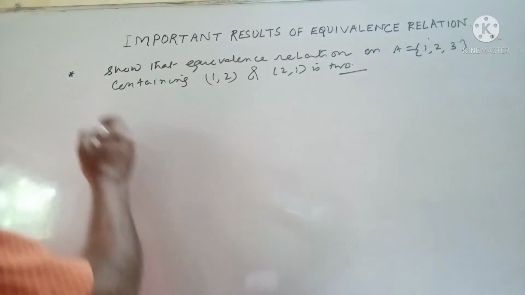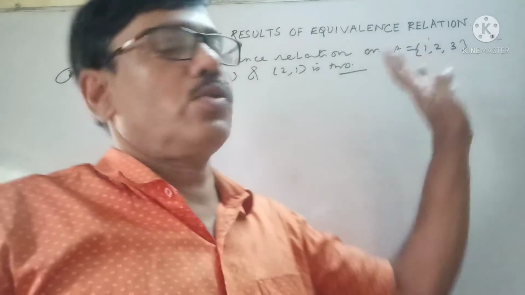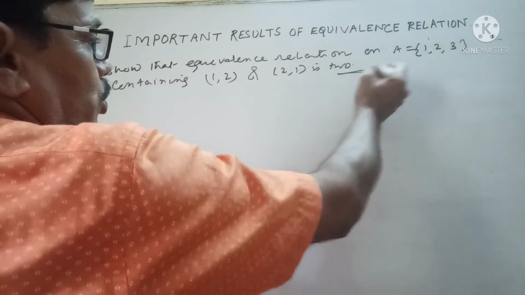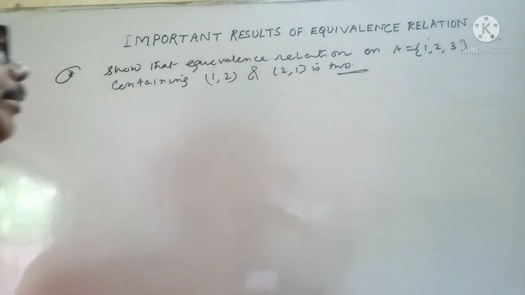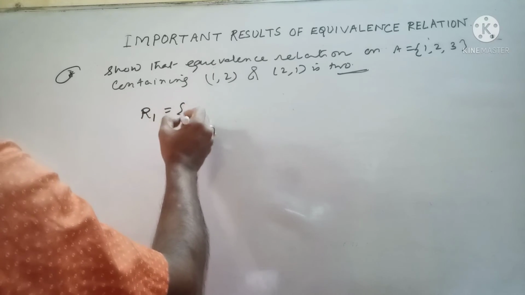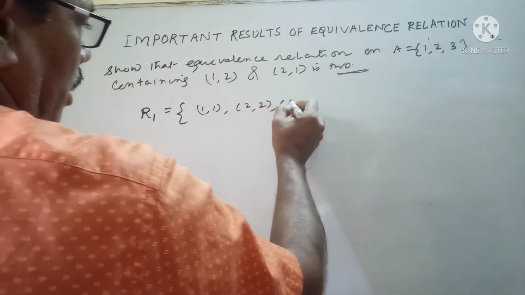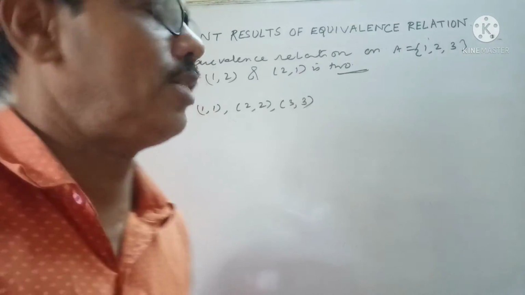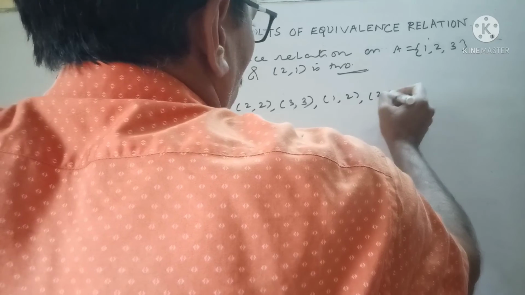Now one more problem. Find the equivalence relation on A equals {1, 2, 3} containing (1,2) and (2,1). So these elements must belong to the equivalence relation. Then you have to take (1,2) and (2,1).